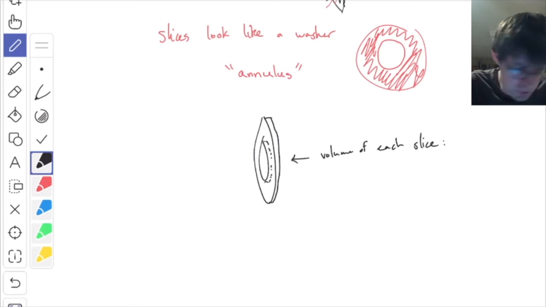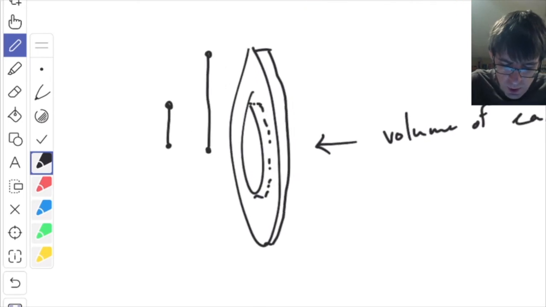Now there are two different radii in play: the radius all the way to the outside of the washer, and another radius which goes across the inside of the washer. Our book calls these the outer radius and the inner radius.